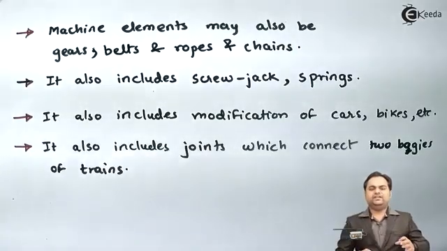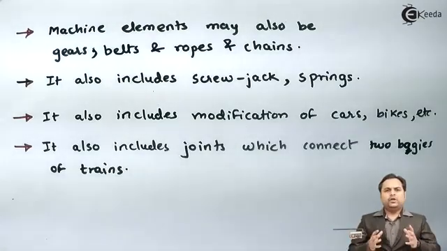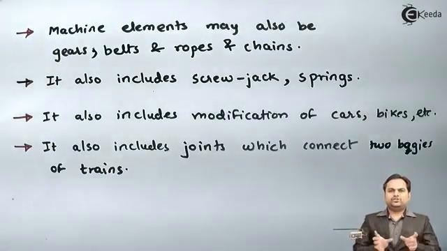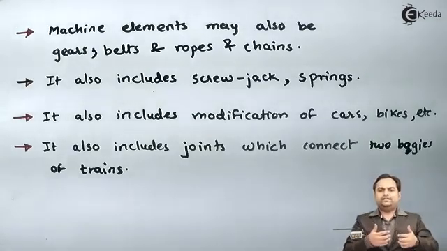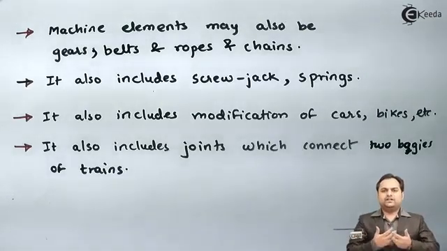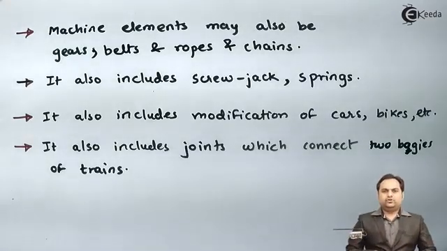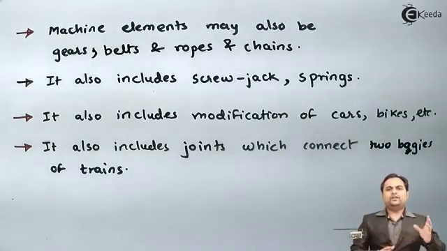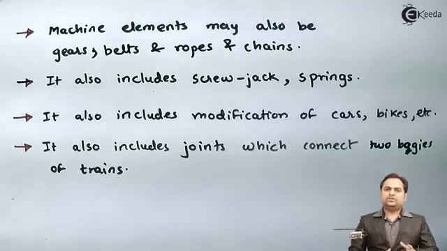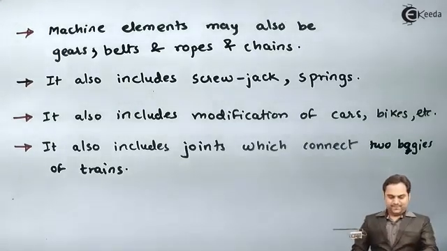If we have seen a train, it consists of a number of coaches, or bogies. When you want to connect two such coaches, between them we use some joints, and the example is the knuckle joint, which is designed with the knowledge of machine design. So here we can analyze the applications wherein we are using machines designed using the concepts of this subject.